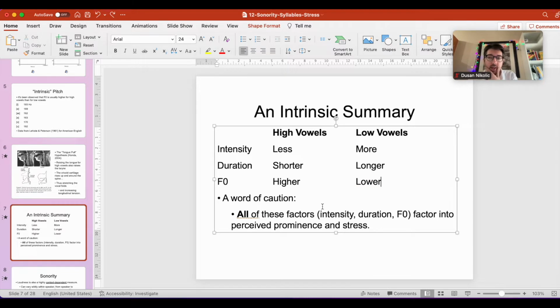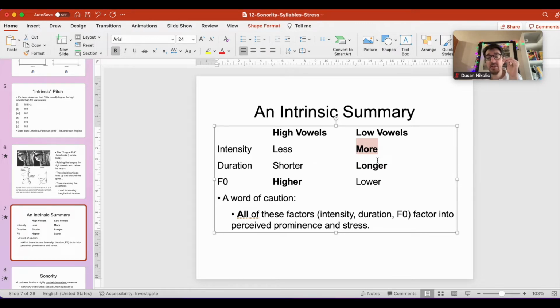And these three factors, intensity, duration, and F0, play a very important role in stress, right? In stress perception and production, in what we call prominence. So generally, I'd say the higher the F0 is, the longer, the more intensity there is.